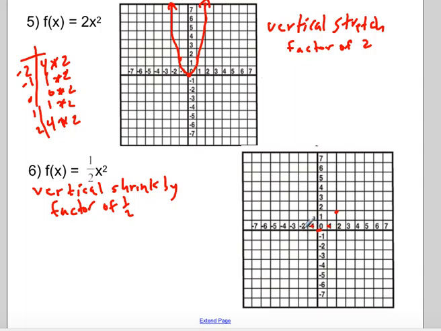Instead of being -2, 4, it's going to be -2, 2. And then I'm going to connect my points. So it's not getting closer to the y-axis, it's getting away from it. So that is those types.